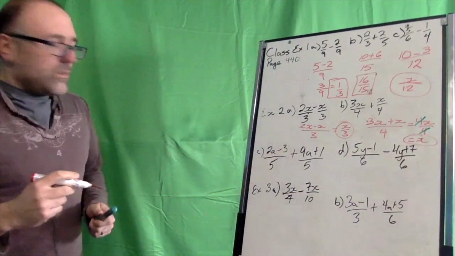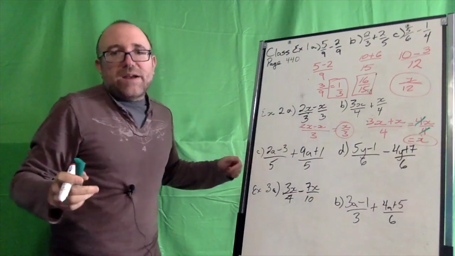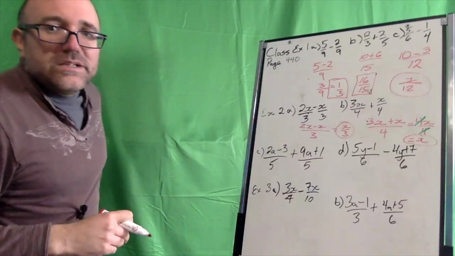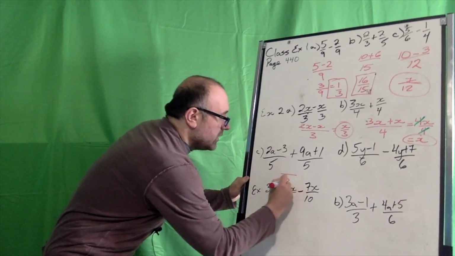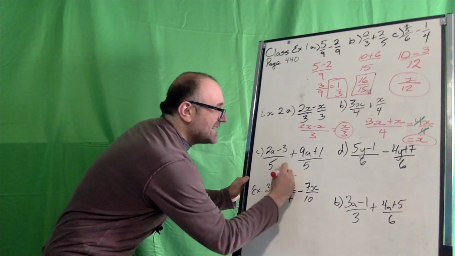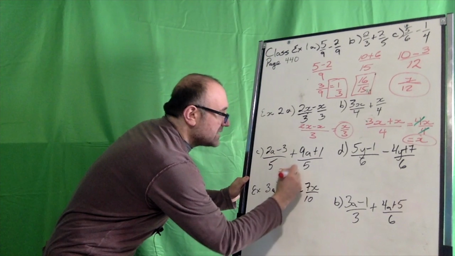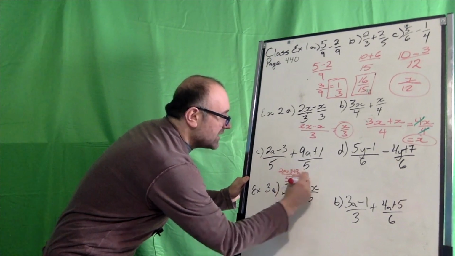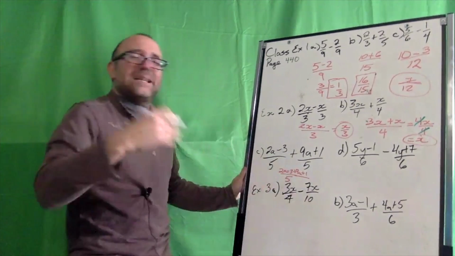Over here, now we have binomials with a monomial. So binomial meaning 2 terms, that's where that's coming from. What's going to happen in this case is they're both over 5. So just collect the terms. That means minus 3 plus 9a plus 1. Collect all the a's, collect all the constants. 2a plus 9a is 11a.